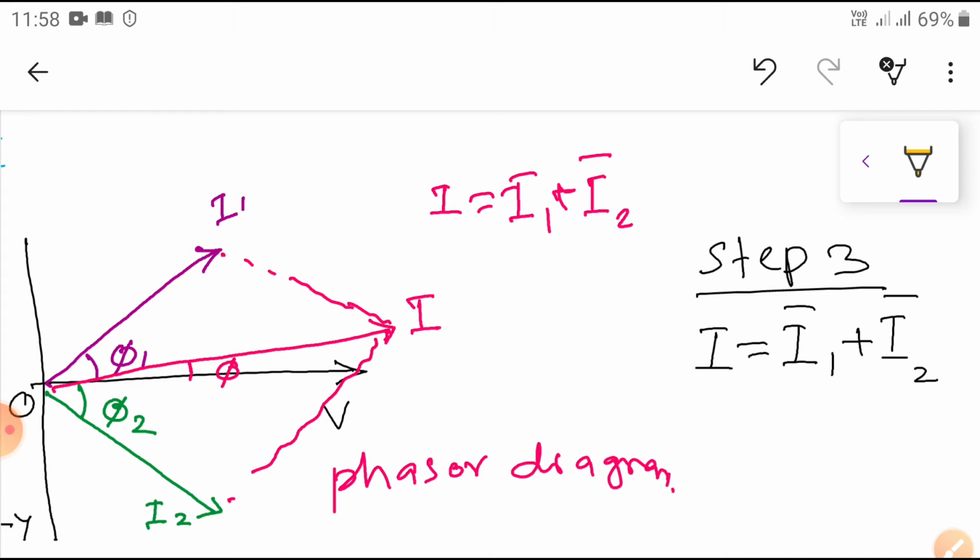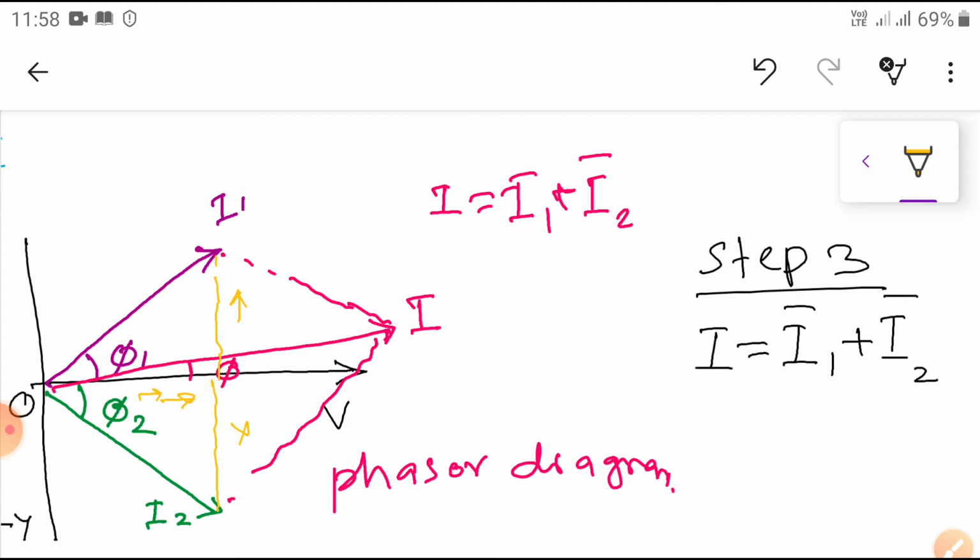Now, I1 is resolved into this x component and this y component. Similarly, I2 also resolved into x component and y component, this is the x component.